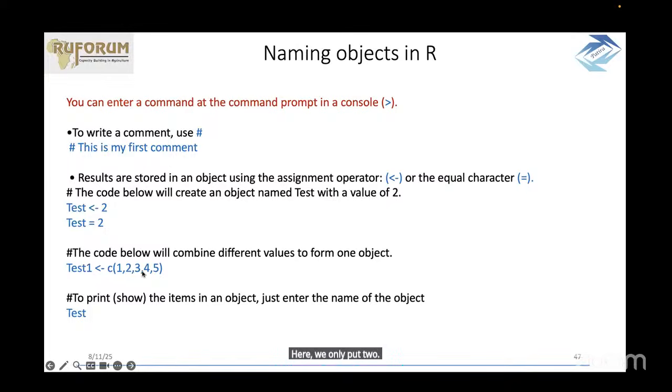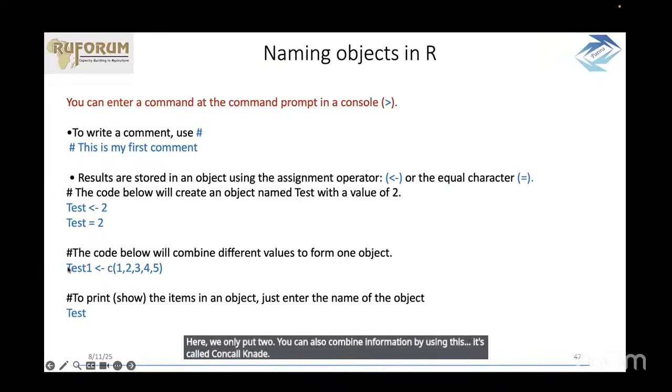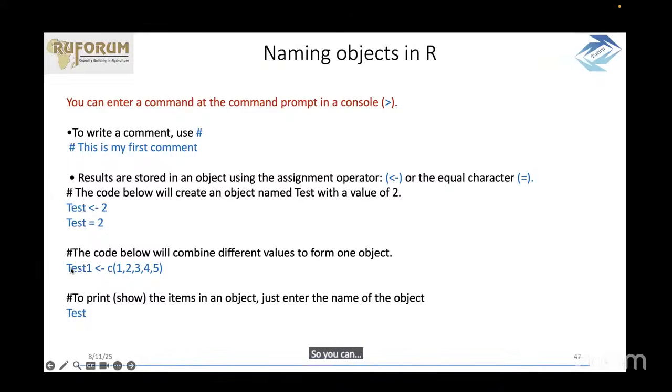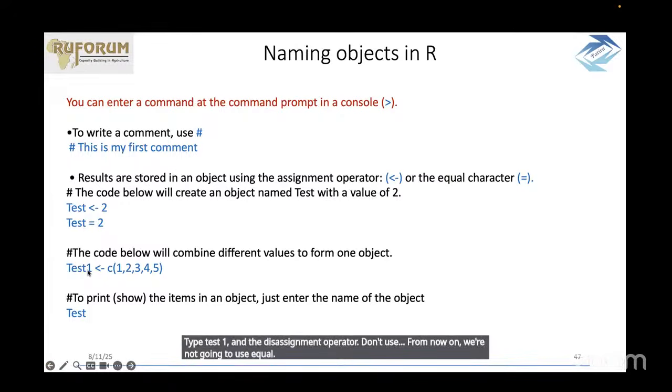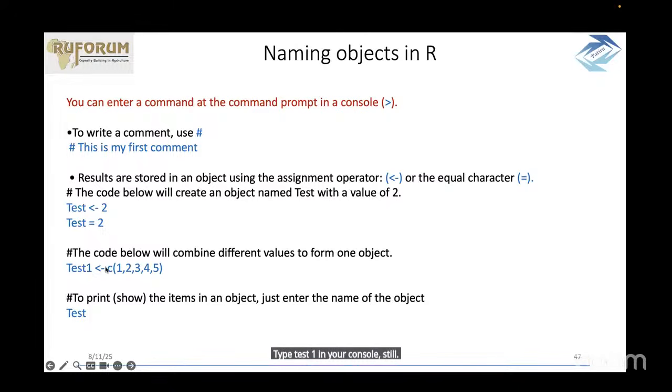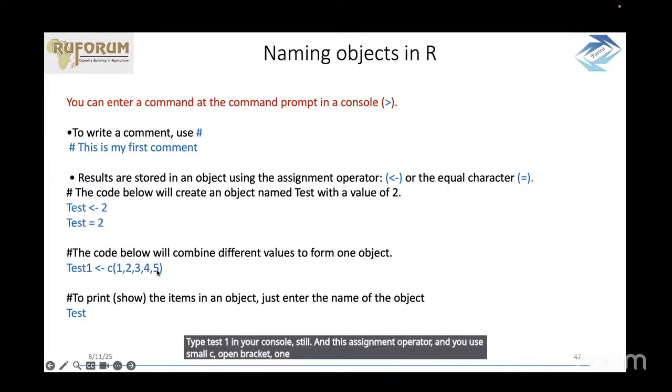You combine information by using c, which stands for concatenate. Type test1, the assignment operator, and then small c, open bracket, 1, 2, up to 5, exactly like before. From now on, we're not going to use the equal sign.